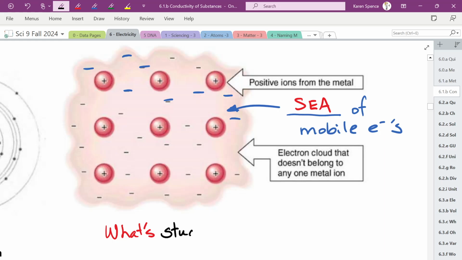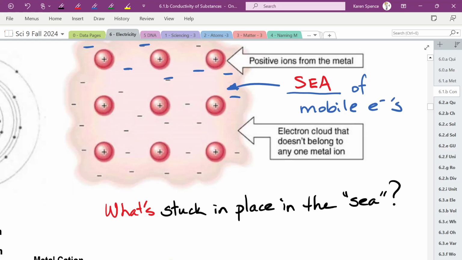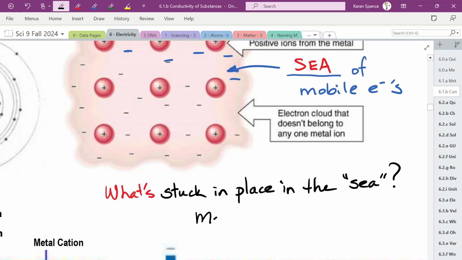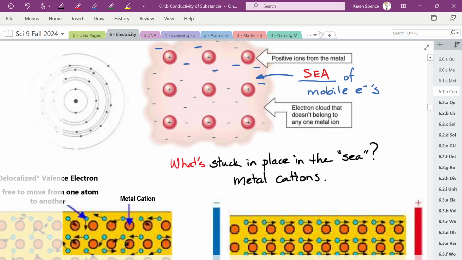What's stuck in place in the sea? Metal cations. Okay, good stuff.